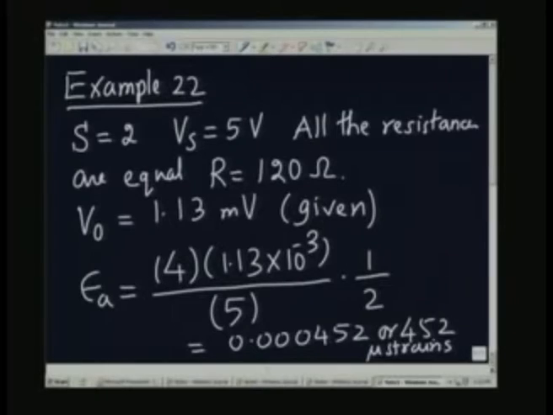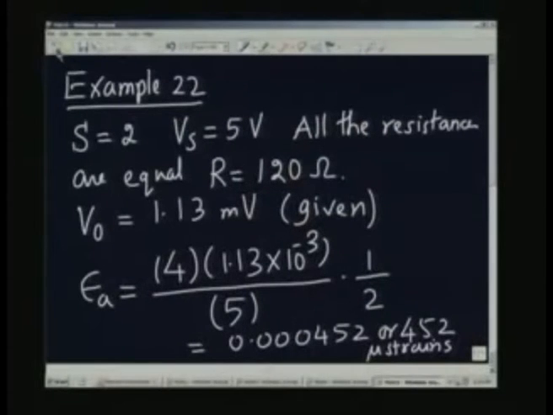So, the strain of the strain gauge element, which gives an output of 1.13 millivolts, when the 4 resistances are of equal value in the balance condition, each resistance equal to 120 ohms, gives me a strain of 452 microstrains.